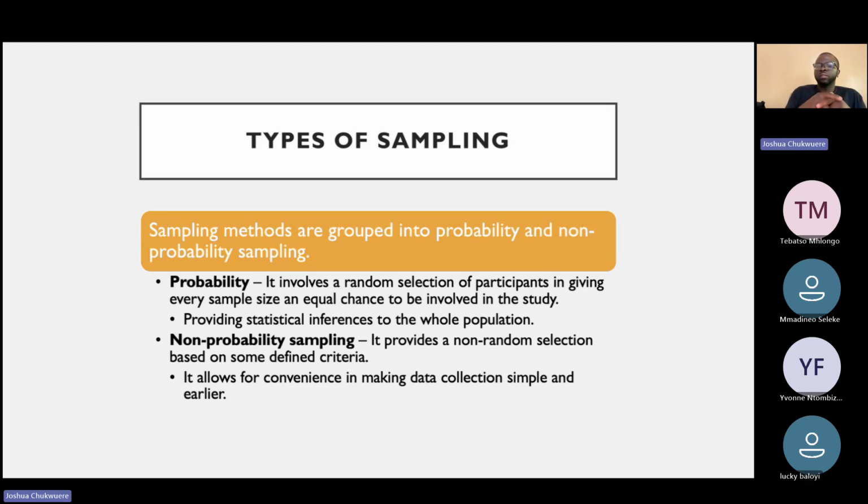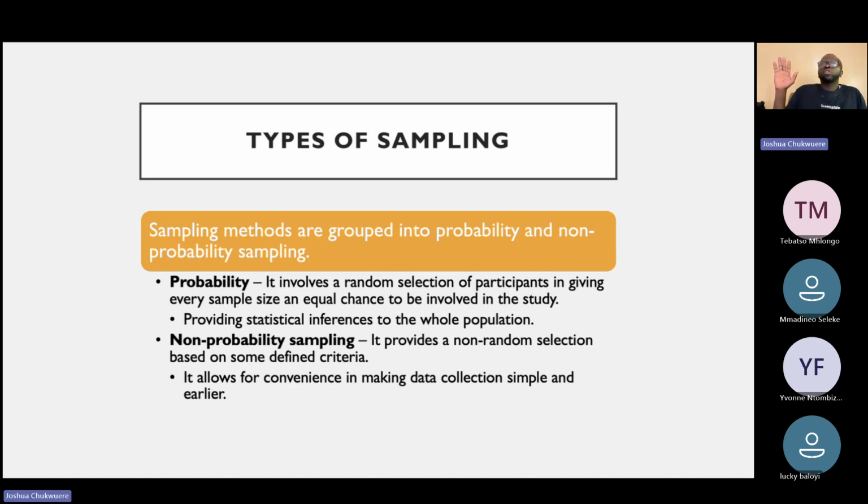In non-probability sampling, it provides a non-random selection based on some defined criteria. In probability sampling, everyone is qualified to participate, right? But in the non-probability approach, there are criteria in these 10,000 students.